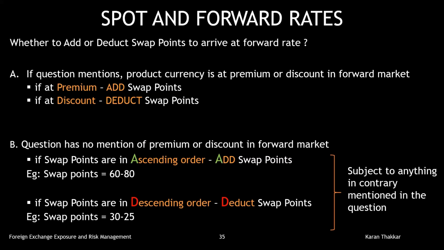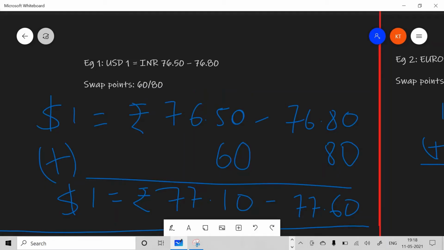The logic for this is as follows. Consider the case of swap points in ascending order, and we take our example wherein we had $1 equals INR 76.5 to 76.8. So if we add, we get $1 equals INR 77.1 to 77.6.